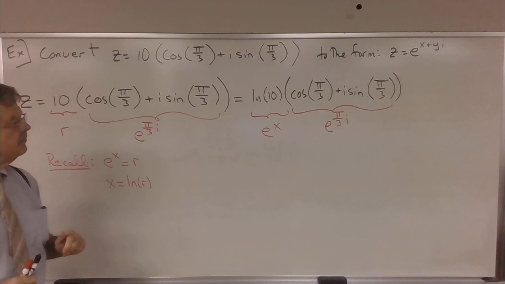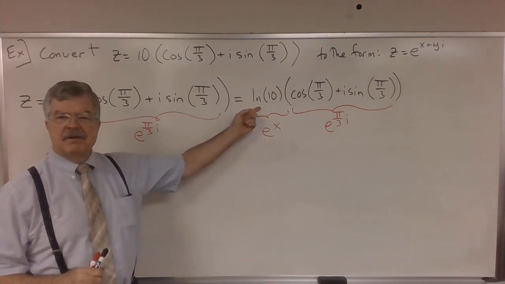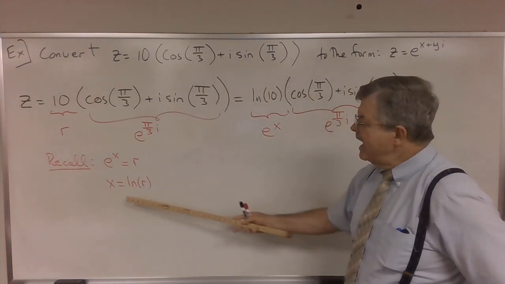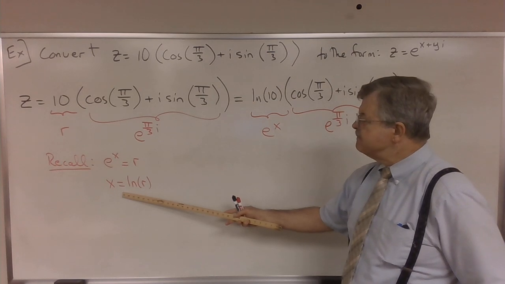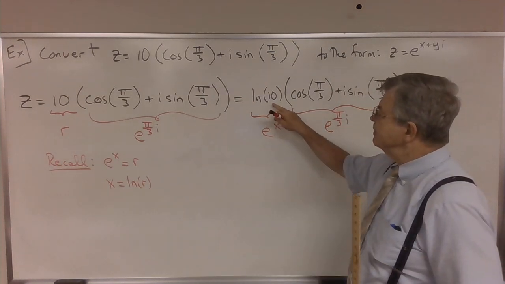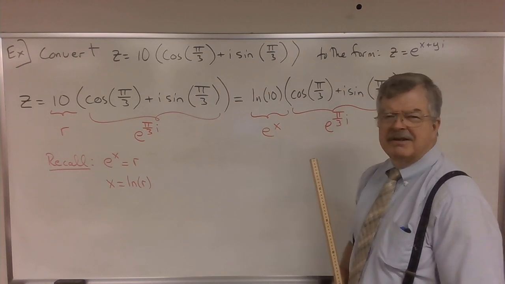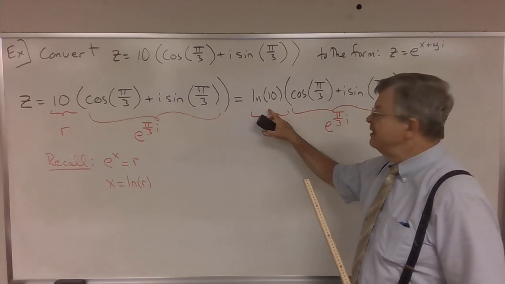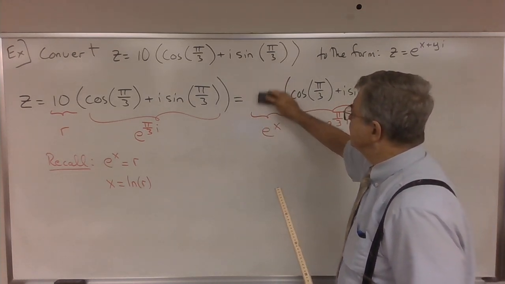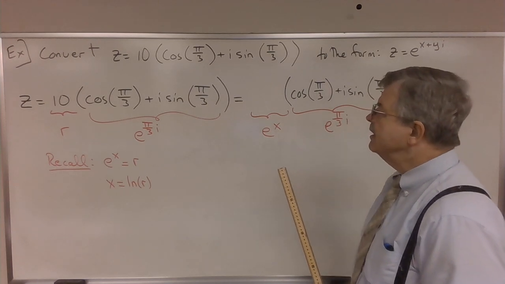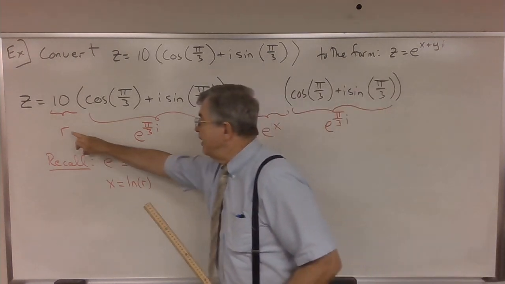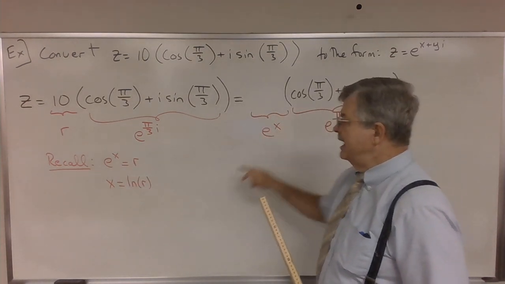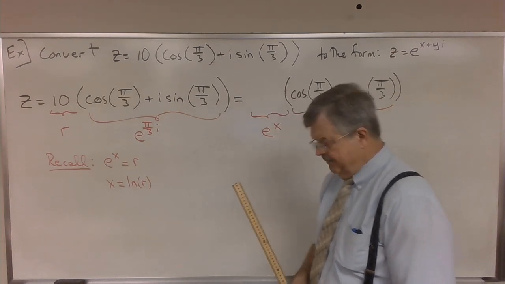Now let me ask you something. Does this look like e to the x to you? X is natural log of r. Doesn't look like e to the x to me. I think I need to change this. R, which is 10, is equal to e to the x, and x is natural log of r.